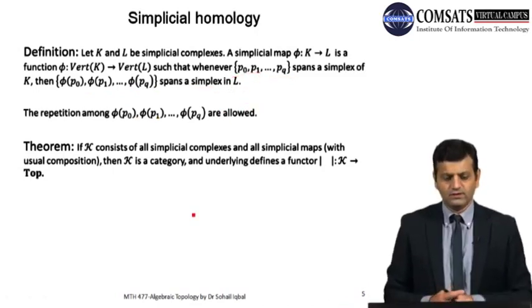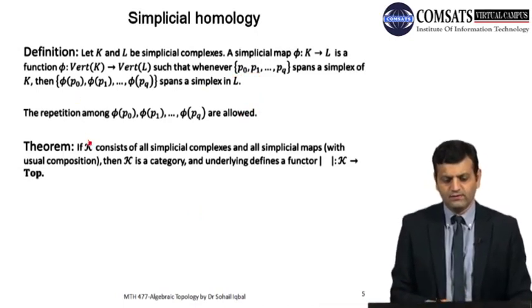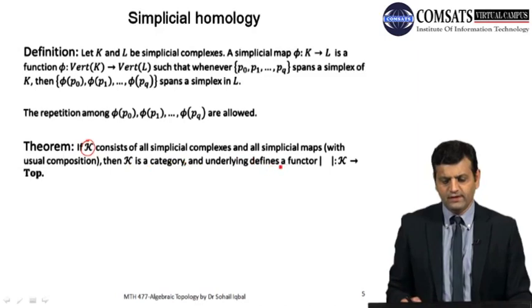Our next result is a theorem. If calligraphic K consists of all simplicial complexes and all simplicial maps with the usual composition, then calligraphic K is a category, and the underlying space defines a functor from this K to the category of topological spaces.